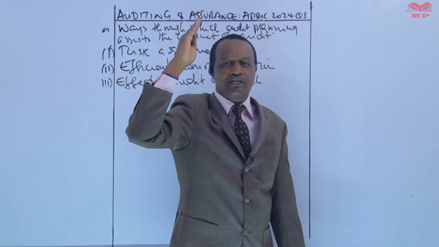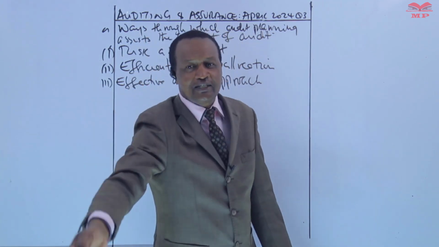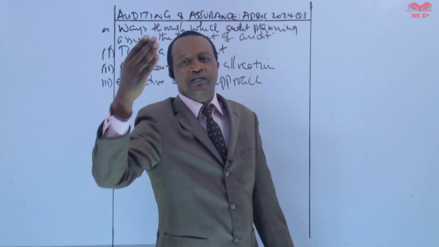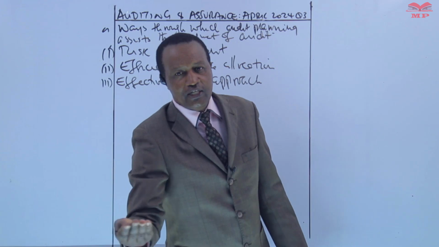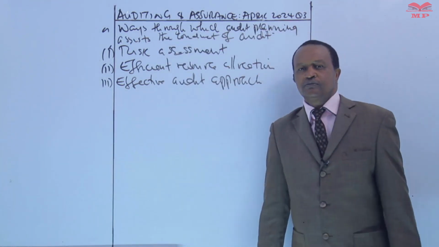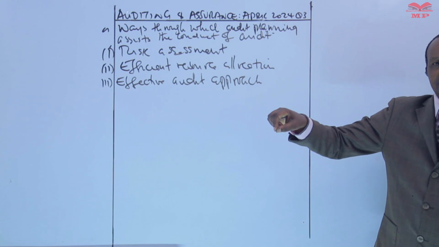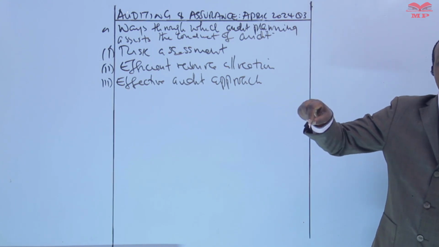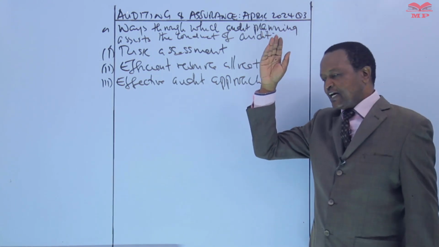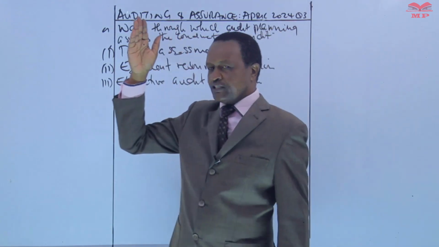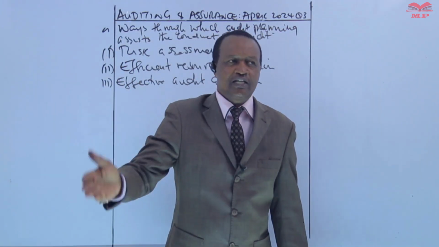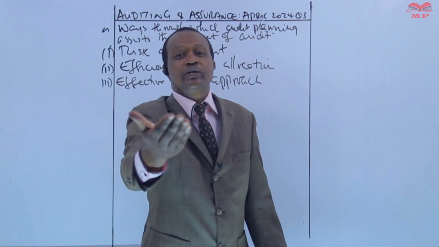All right, that is one way in which a plan facilitates the audit of a company. It provides a roadmap which ensures that all relevant areas are covered and there is sufficient evidence gathered to support the audit opinion.